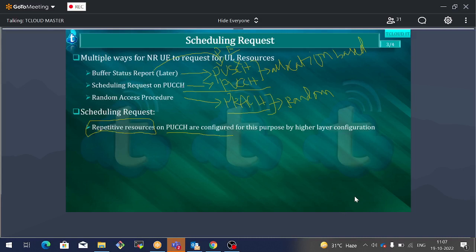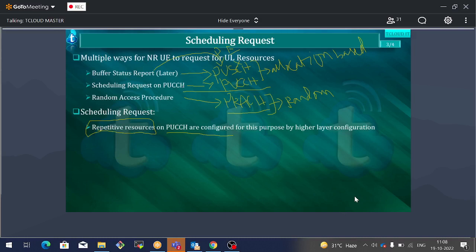If the PUCCH resource to send this scheduling request is available, and suddenly you require uplink resources for dispatching your uplink traffic, immediately we start this scheduling request procedure. On PUCCH, we send this scheduling request because we have that opportunity now.